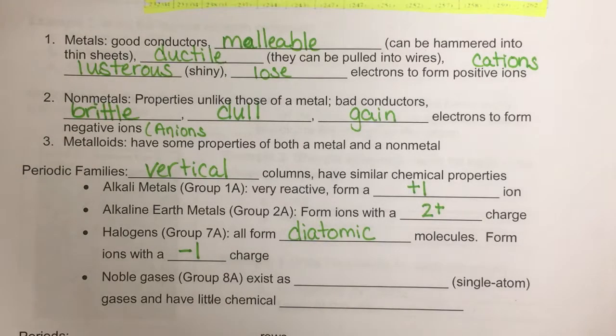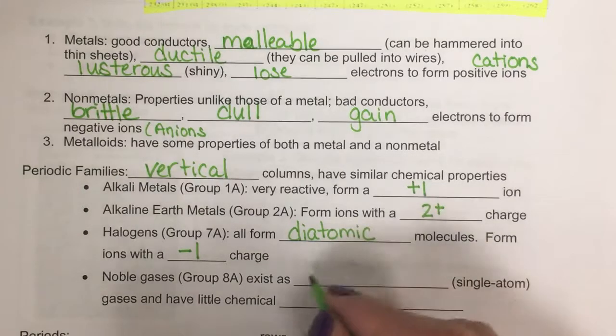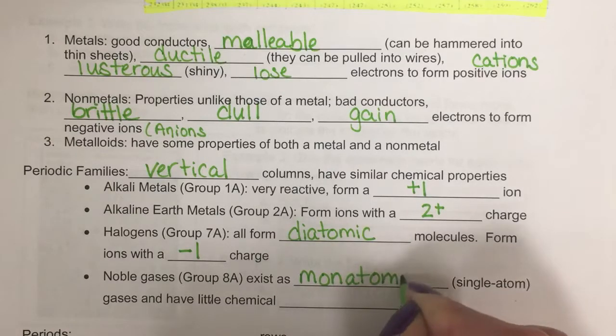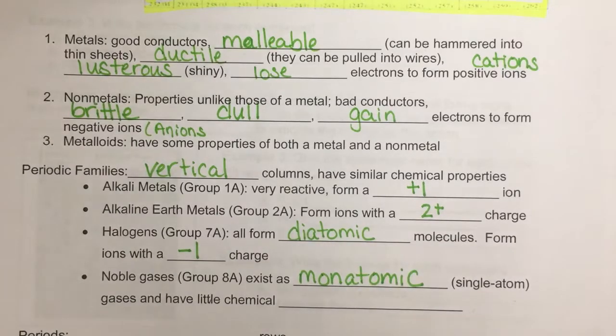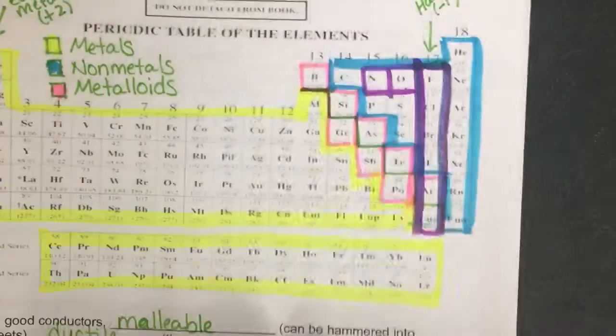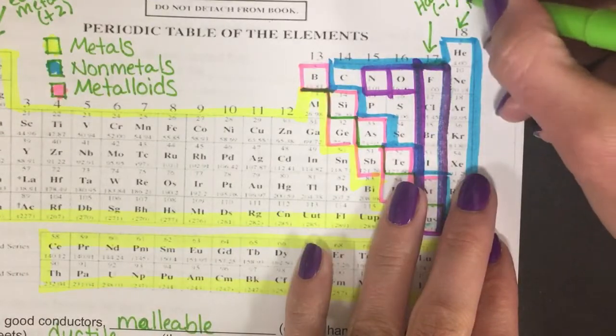Noble gases are special. Noble gases exist as monatomic atoms, so they don't partner up. Mono is 1. So my noble gases are here.